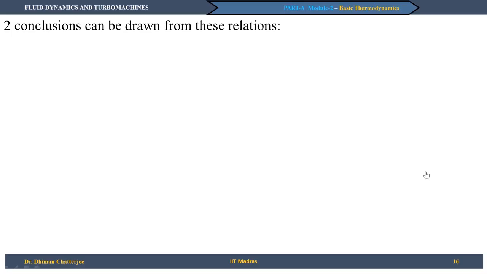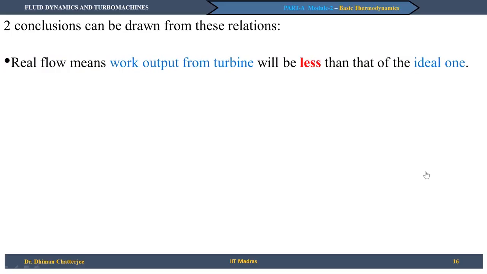This is just the converse of what we see in a turbine. In a turbine, I repeat, the power produced by the turbine is less than a maximum achievable quantity. And so, these two conclusions are written here: for real flow, the work output from a turbine will be less than that of the ideal one.